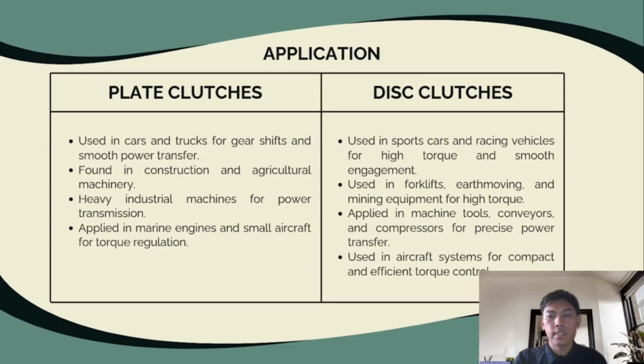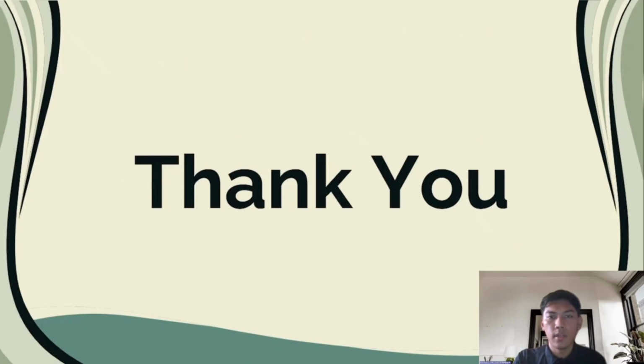And third is industry equipment, applied in machine tools, conveyors, and compressors for precise power transfer. And lastly, aerospace application, used in aircraft systems for compact and efficient torque control. And that's all from us.